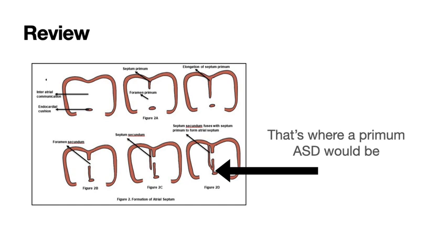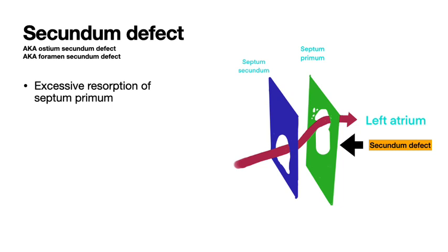That's a septum or primum ASD, ostium primum ASD. All right, let's talk about a secundum defect. Remember, we're not talking about the septum secundum, we're talking about the ostium secundum.